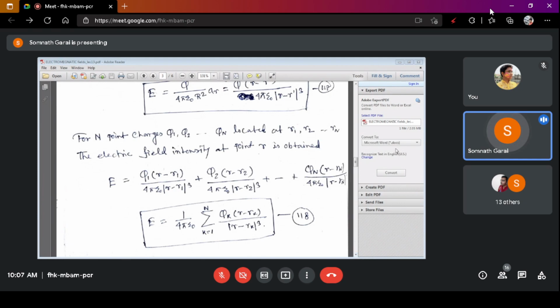With equation number 117, we calculate the electric field intensity with respect to one point.